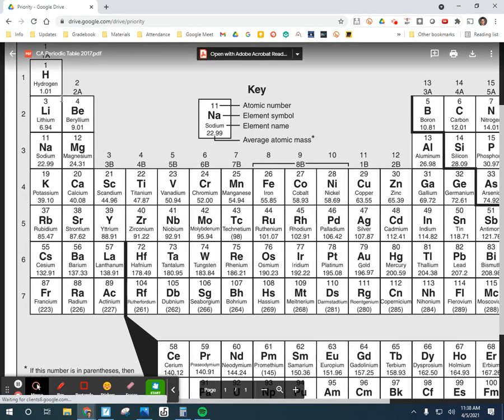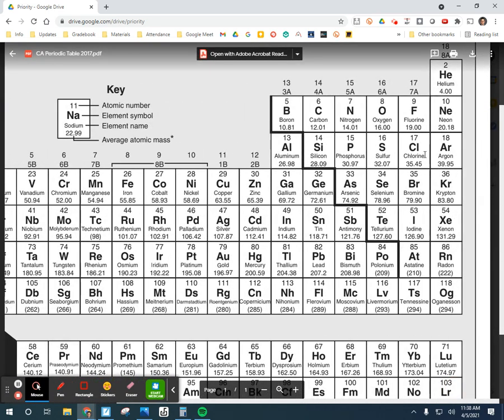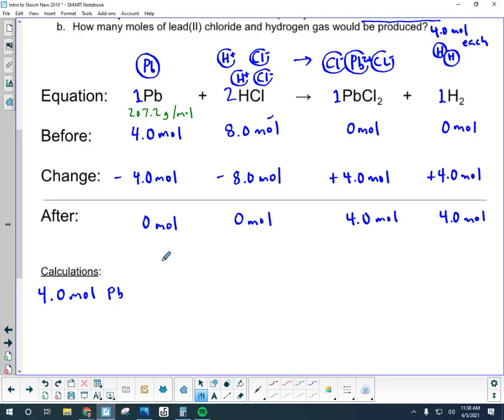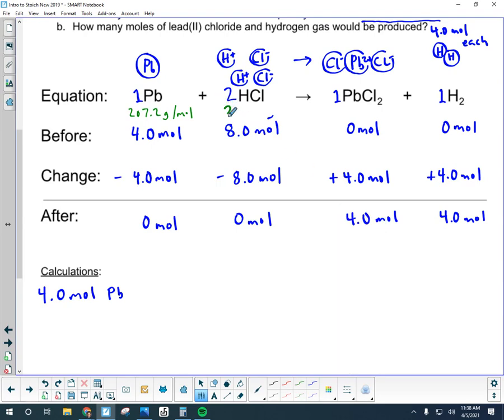So hydrogen 1.01 grams per mole plus chlorine 35.45. That's going to be 36.46 grams per mole. Jot that down here.